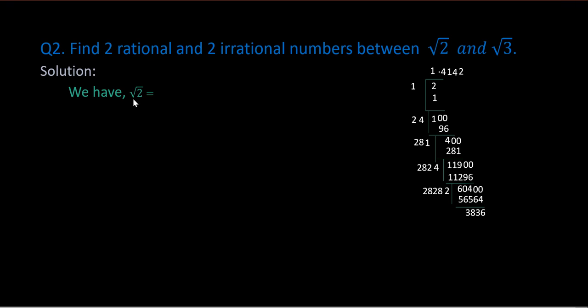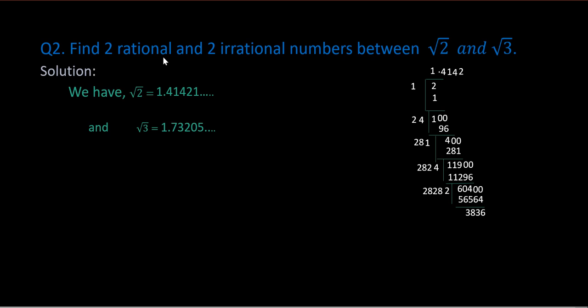So we can write root 2 equal to 1.41421 and so on. And similarly by doing the same method, we can write root 3 equal to 1.73205 and so on. Now here they ask to find two rational numbers.